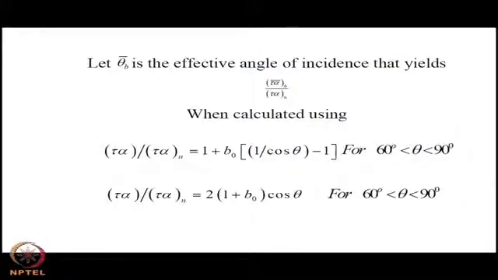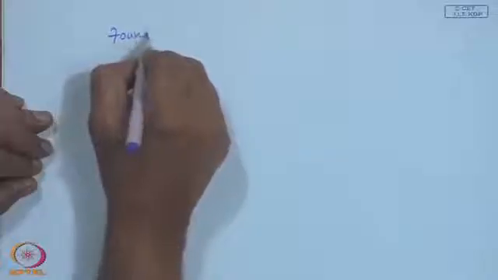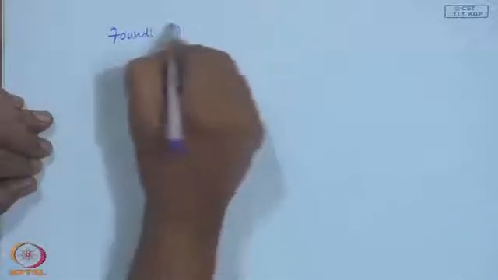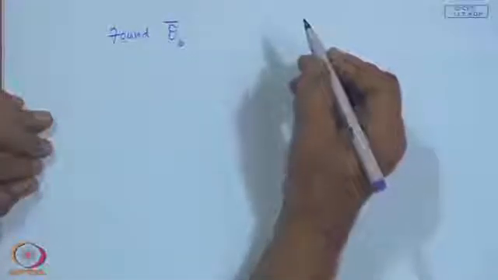So, having got this tau alpha bar b by tau alpha n number, whether it is calculated using the data or whether it is calculated using RT and RD correlations, they have put back in the relation for tau alpha by tau alpha normal and found theta b, because it is a day.